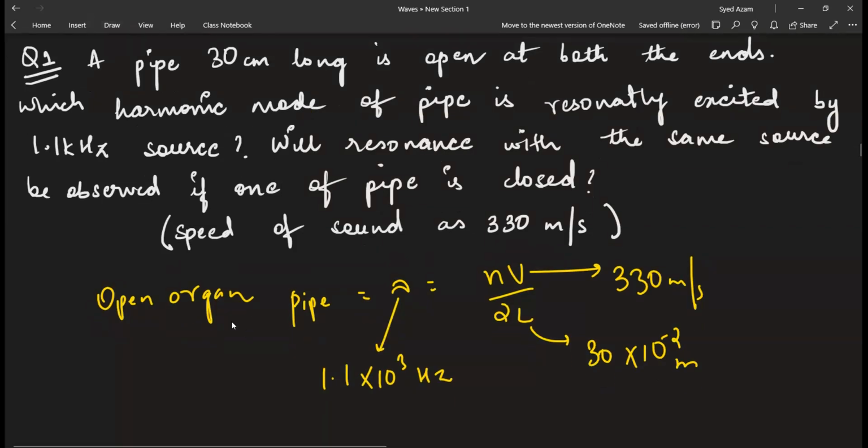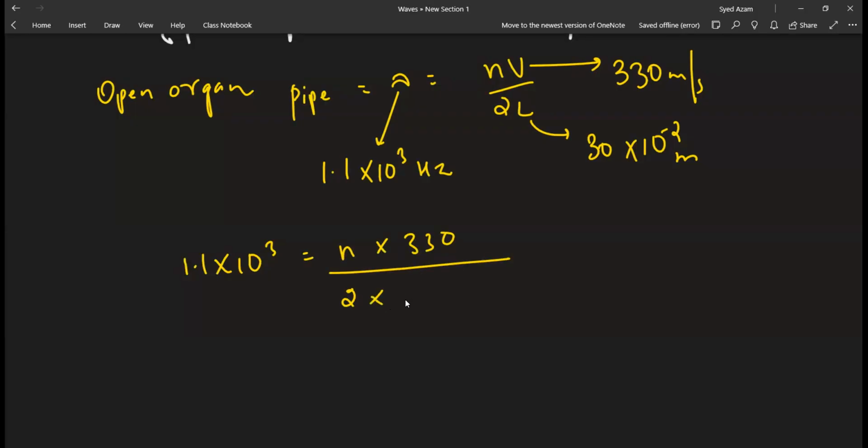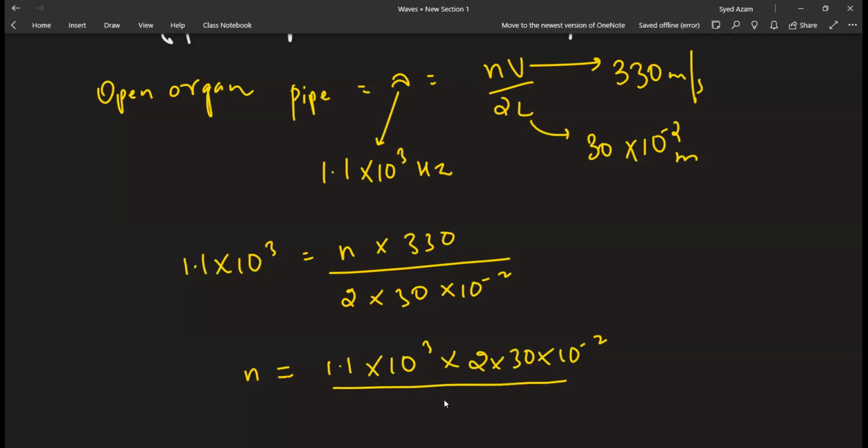Okay. So here, if you put in all the values, 1.1 into 10 to the power 3 is equal to n into 330 divided by 2 into 30 into 10 to the power minus 2. So from here, you can get the value of n as 1.1 into 10 to the power 3 into 2 into 30 into 10 to the power minus 2 divided by 330.